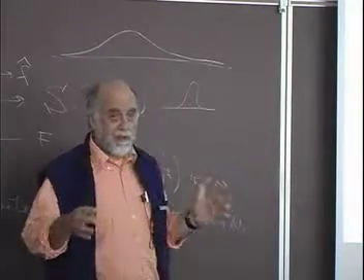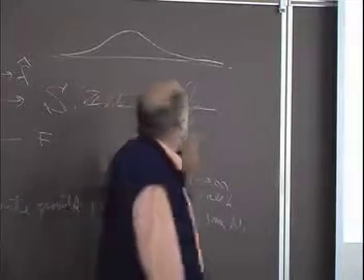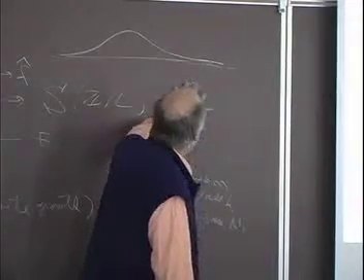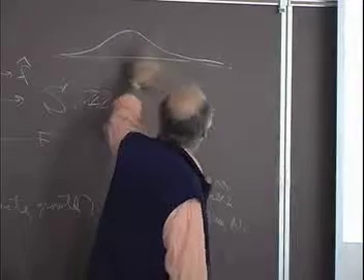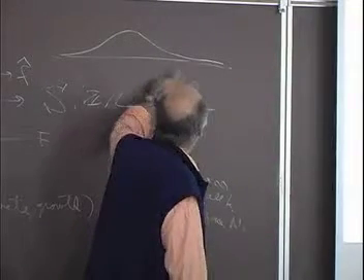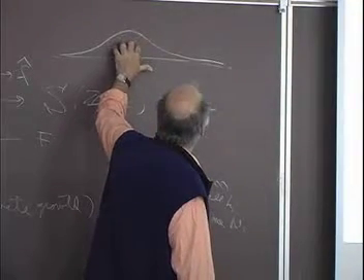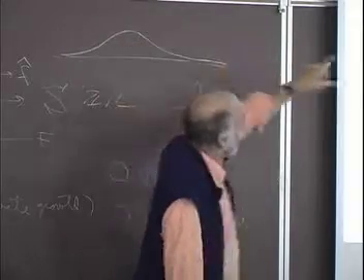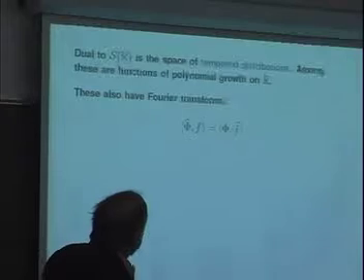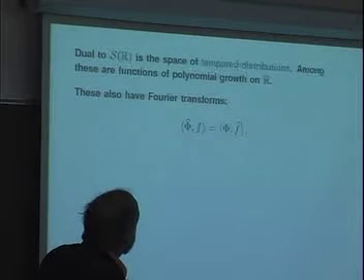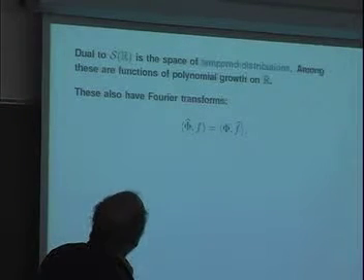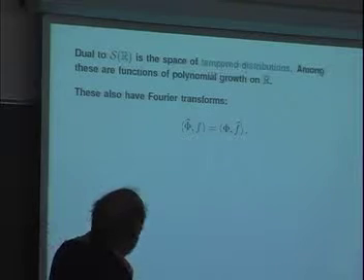Its dual is called the space of distributions. But now I'm looking only at distributions which extend, so this space is included in this one. Some distributions will extend to being distributions on the Schwartz space, and those are the tempered distributions. So being tempered is a strong restriction on a distribution. It's easy enough to construct lots of distributions which are not tempered, but we're interested only in the tempered ones.